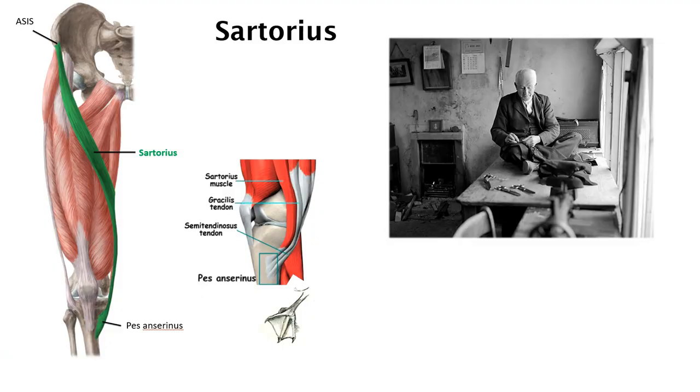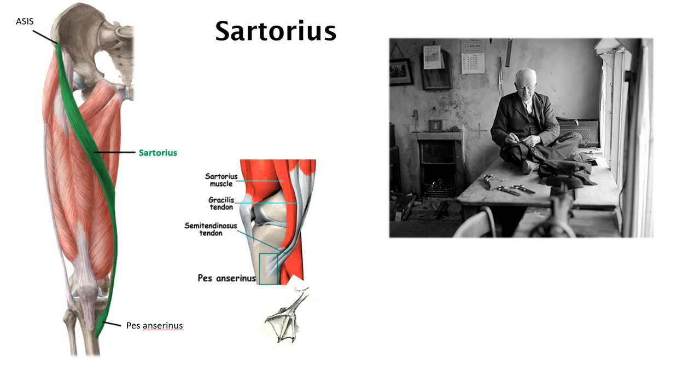The sartorius muscle in the anterior compartment of the thigh has several distinctions. First, it is the longest muscle in the body extending from the pelvis down to the tibia. It is named for a position that a tailor classically sits in to work on garments. Note the tailor's position of hip abduction, hip flexion, and lateral rotation or external rotation.